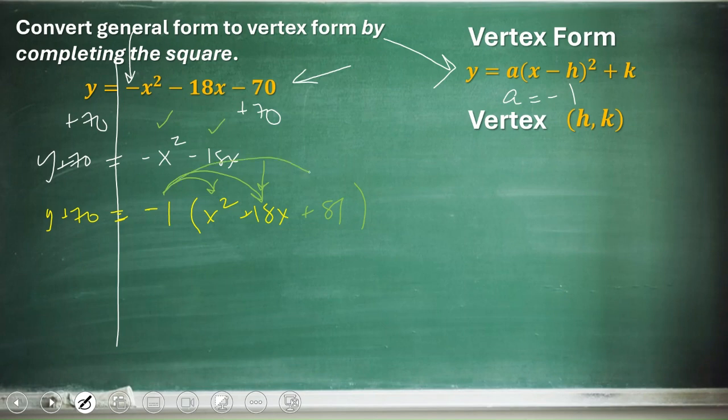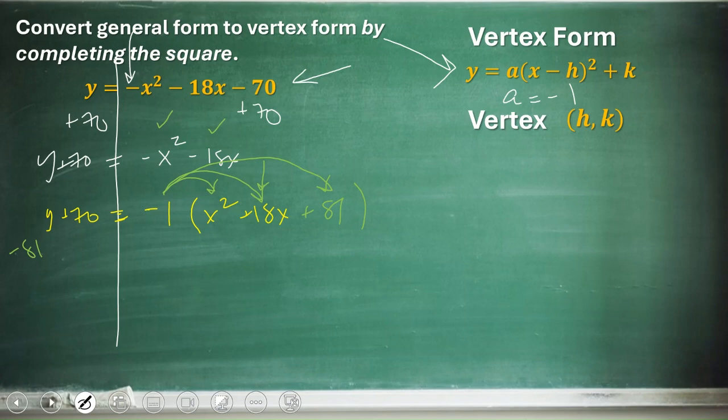And this is now the value that we have added to the right side: -1 times 81. So we've actually taken 81 away from this right side. And if we've taken 81 away from the right side, we have to take 81 away from the left side.